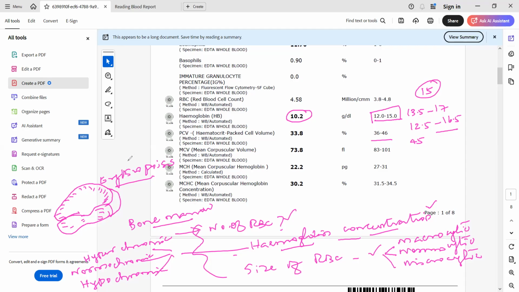So if the erythropoiesis is not proper, it is whether due to a problem in the bone marrow or inadequate supply of the nutrients needed for erythropoiesis, like iron, vitamin B12 and so many other items. If they are less, or the hormone, there are certain hormones like erythropoietin which is secreted by the kidney.